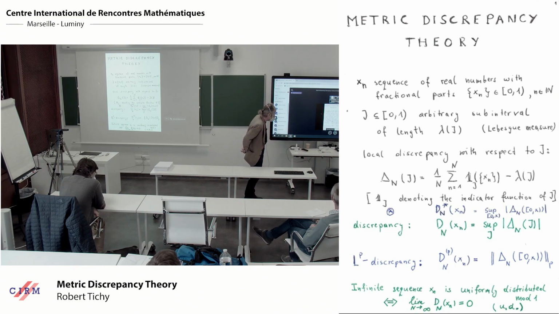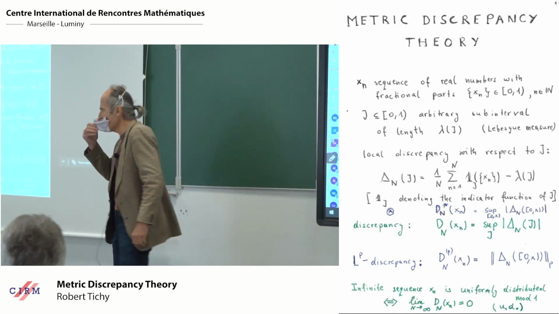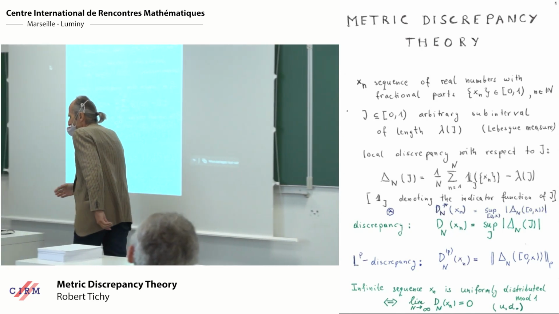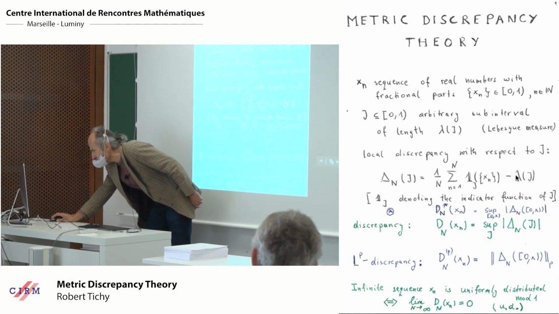We just count here, this is the indicator function, the number of elements of the modulo 1 reduced sequence in the interval J up to some total number capital N, and compare with the Lebesgue measure.